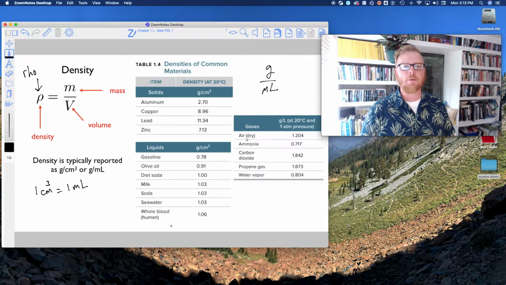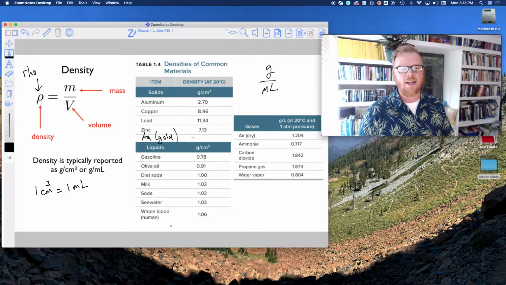So here are some typical densities. You can see these are all solids, and they're quite dense. These values are very large for density. Lead, 11 grams per cubic centimeter. I'll add gold to this list, Au for gold. It is one of the densest substances on the planet. I don't have it memorized, but it's around 20 grams per milliliter.